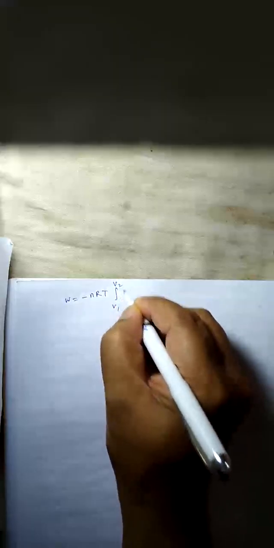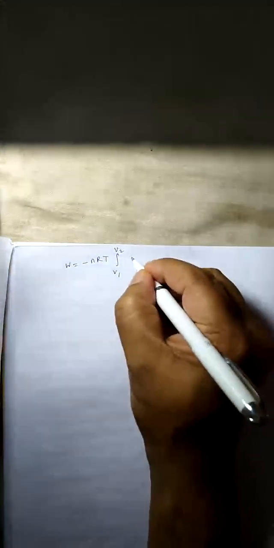Then W is equal to minus nRT, integral from V1 to V2 of dV by V. Now nRT is constant, so it comes outside. The integral of dx by x is equal to ln x.